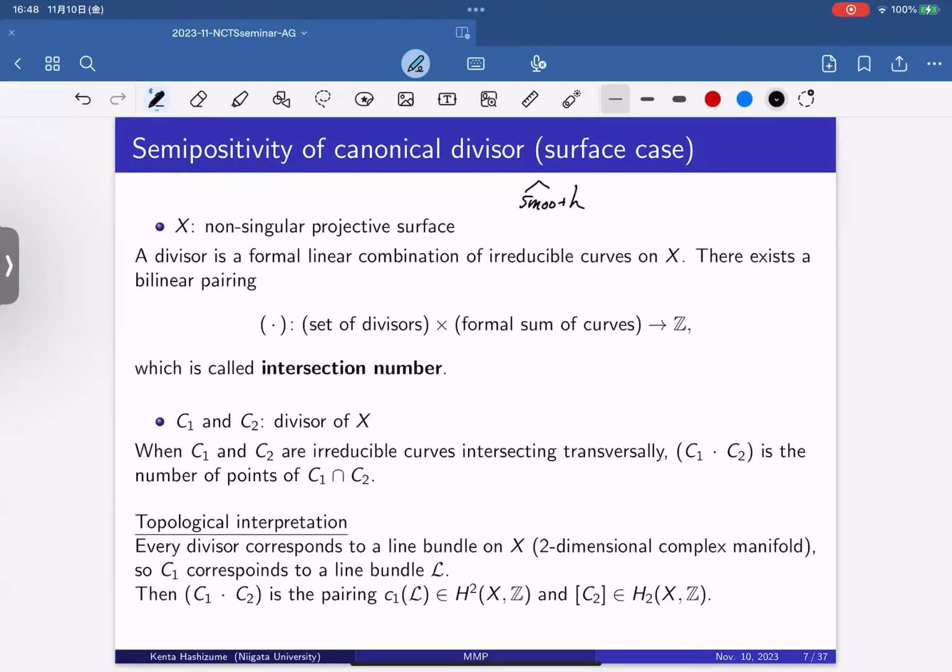In general, the definition of the intersection number is difficult, but when the irreducible curves C1 and C2 on X intersect transversally, then the intersection number of C1 and C2 is the number of points of the intersection.